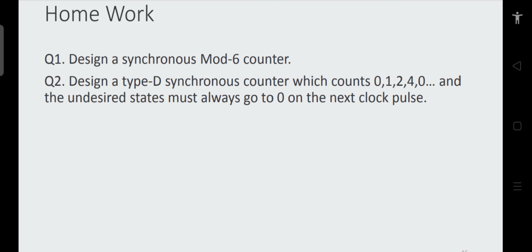After writing the state transition table, considering the invalid states as don't care outputs, design the circuit required between the D flip-flops 1, 2 and 3. Once you complete this, show me in the tutorial class, and then get the logic diagram and verify it with the help of the timing diagram.